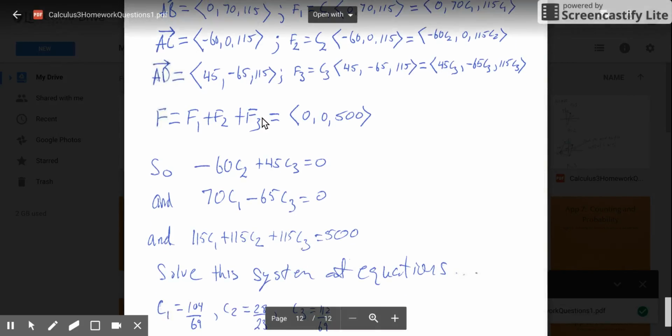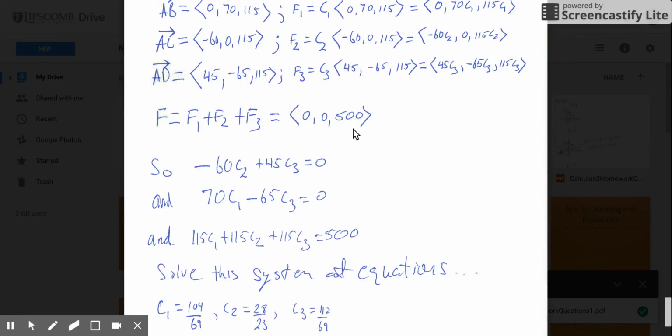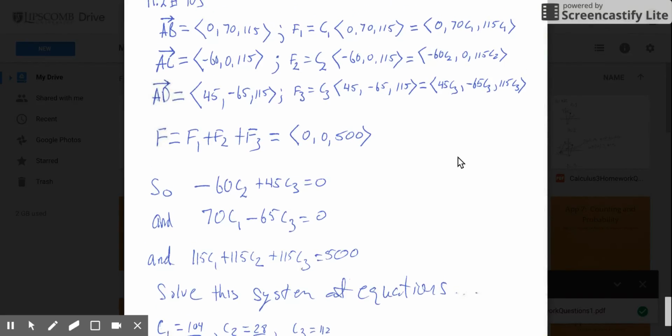All right, when we sum those up, we know that the load is completely on the vertical support. That weight is going down, but these cables are supporting upward. Okay, so it's 500 there for representing that, but zeros for the x and y direction.